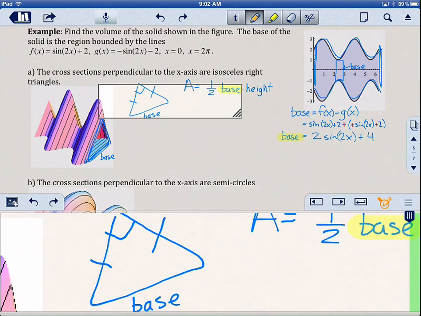The height is going to be the distance from here to here, perpendicular. Now, thinking back to geometry, if we draw the altitude of that isosceles right triangle, we split this right here. And the height is also going to equal half of the base. When you split an isosceles right triangle with its altitude, you create another isosceles right triangle here.